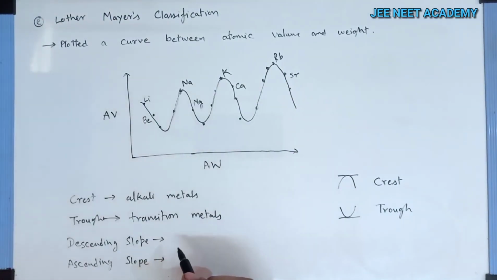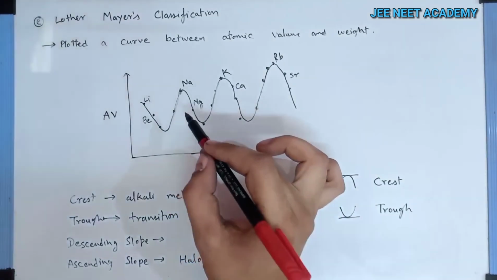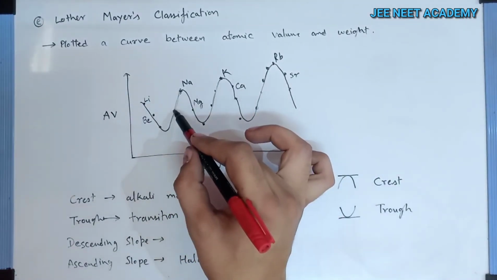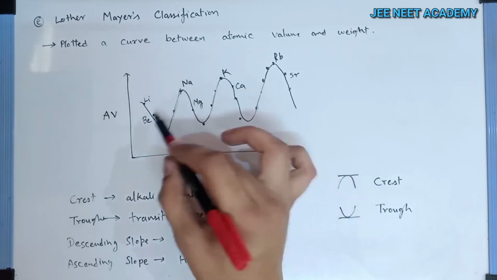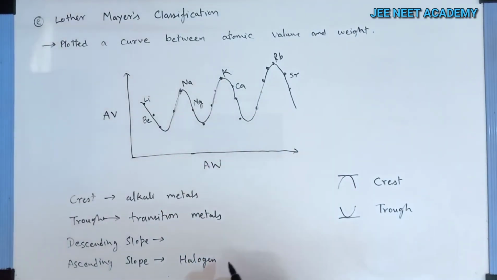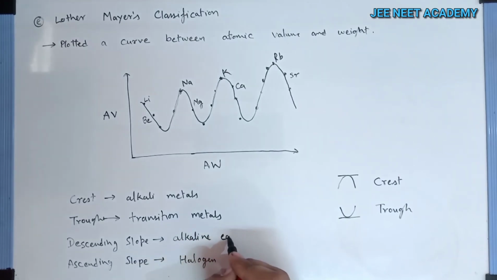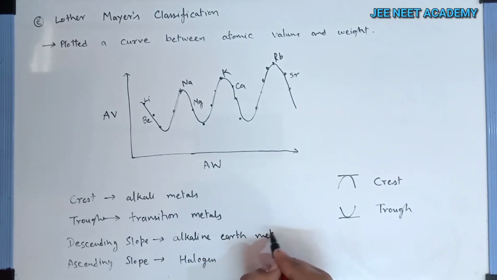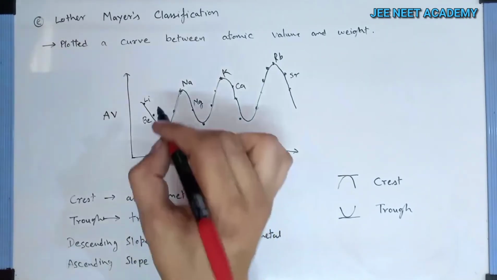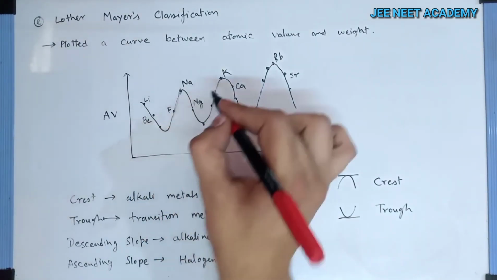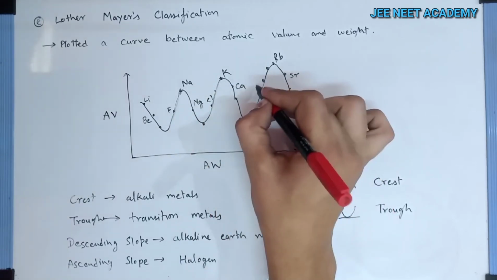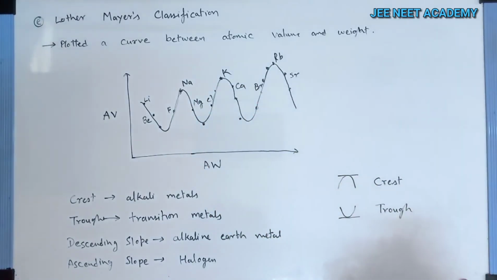And on the ascending slope, which is increasing, going upward, halogens are coming: fluorine, chlorine, bromine. Then if we draw further, iodine will come.